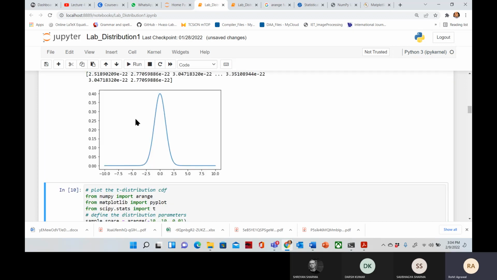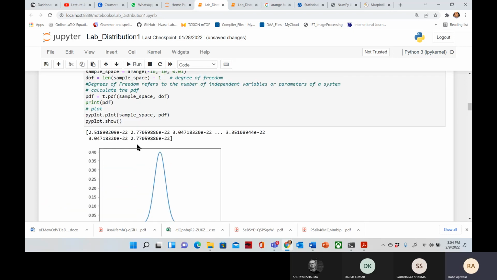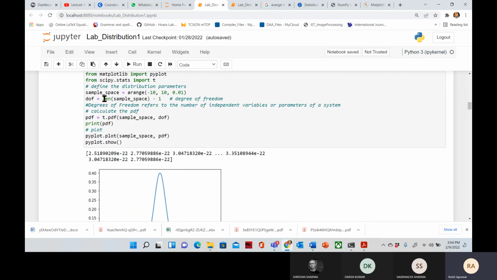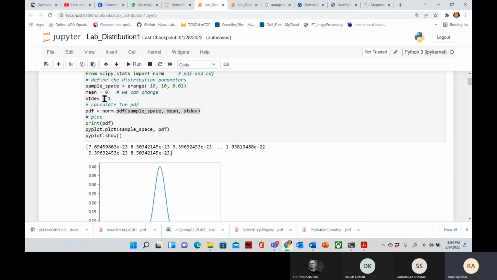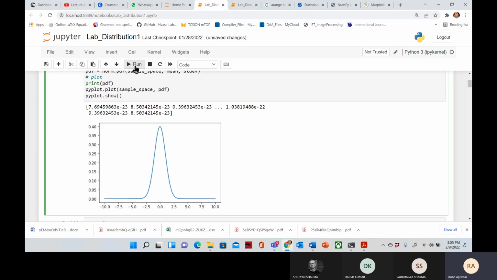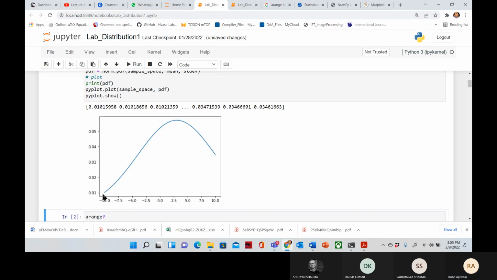Now this time we have this graph. If we change this data, suppose I am using mean 3 and standard deviation 7, this graph will also change. Clear?